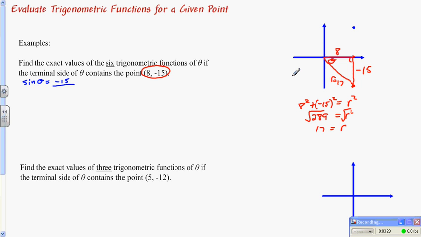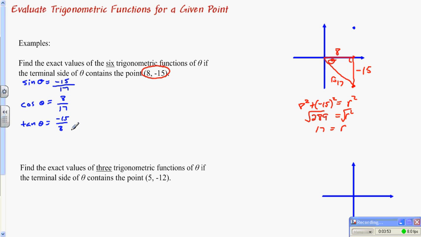So the negative 15 will put it in the proper quadrant for us. Over hypotenuse, 17. Cosine of theta is adjacent over hypotenuse, and tangent is opposite over adjacent.